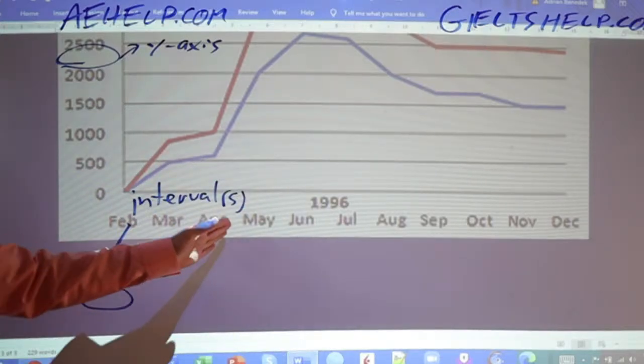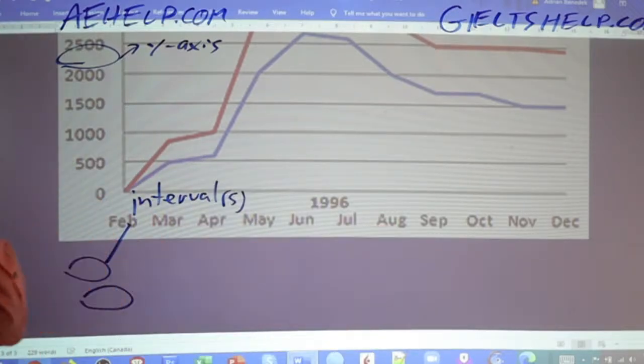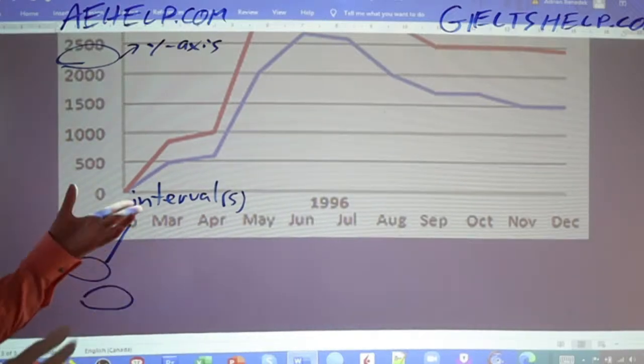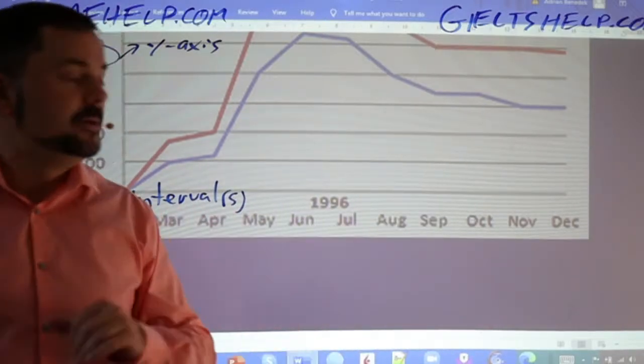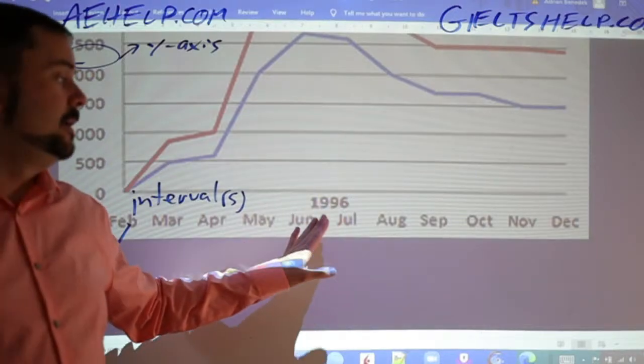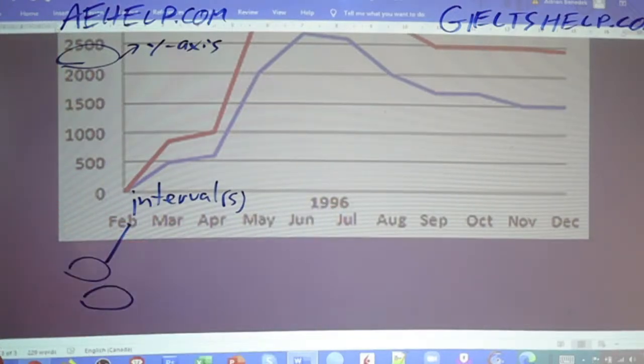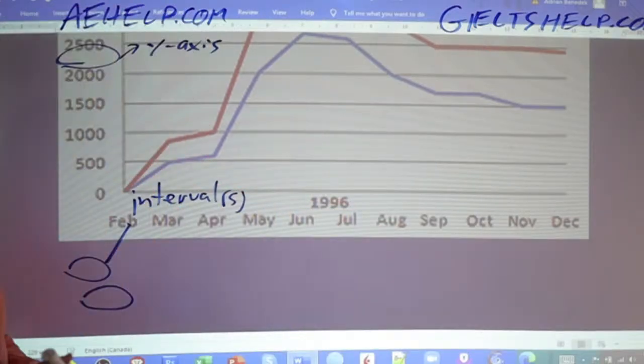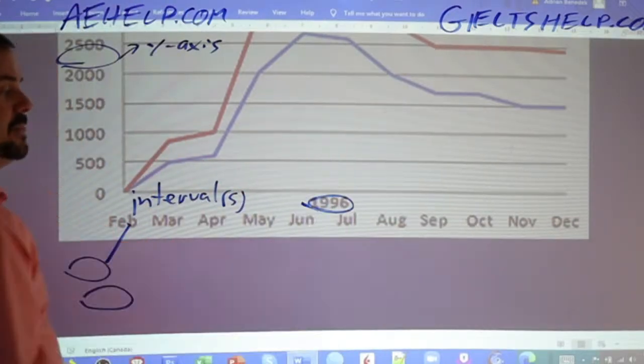February, March, April, May, June, July, August. So interesting, it's 11 months. We have January missing, which is noteworthy. We might want to mention that at some point, but it's 11 months of 1996 from February to December.